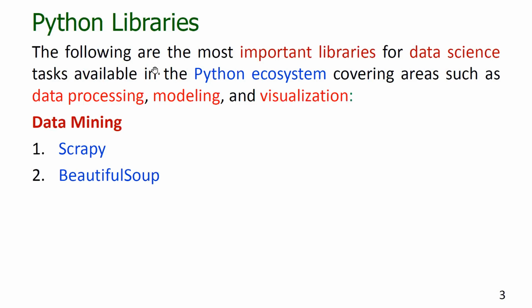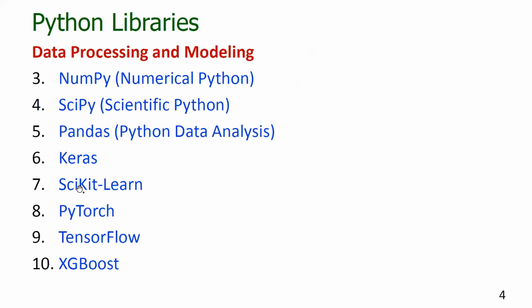The following are some of the most important libraries for data science tasks available in the Python ecosystem, which cover areas such as data processing, modeling, and visualization. Related to data mining, the Python libraries are Scrapy and Beautiful Soup.